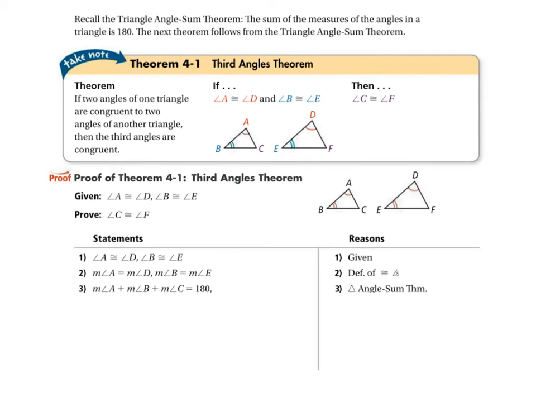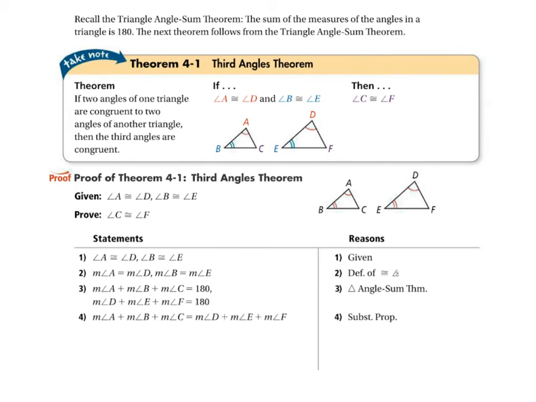Okay, so now we can say if we know that the measure of angle A plus B plus C equals 180, that is the triangle angle sum theorem. And we also know that the measure of angle D plus the measure of angle E plus measure of angle F is 180, also the triangle angle sum theorem.